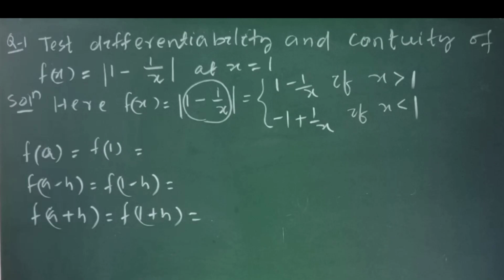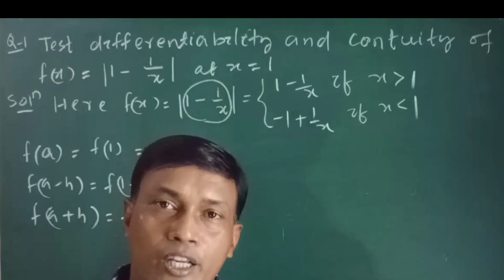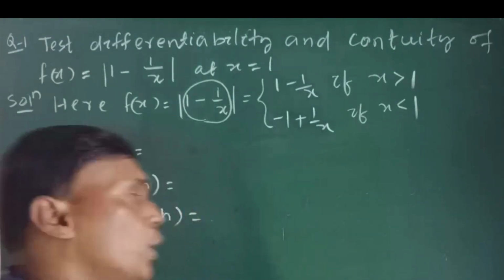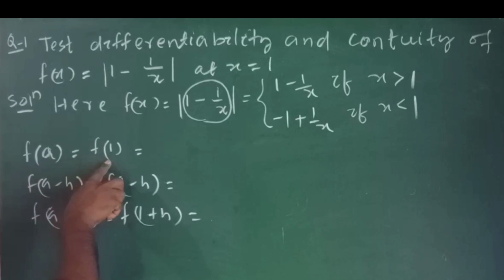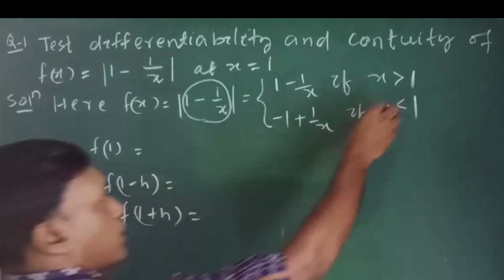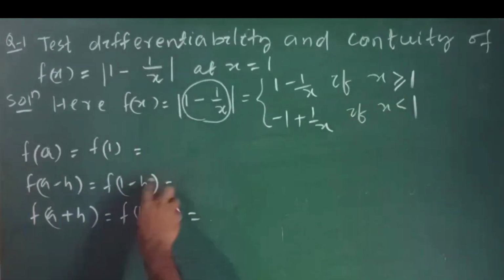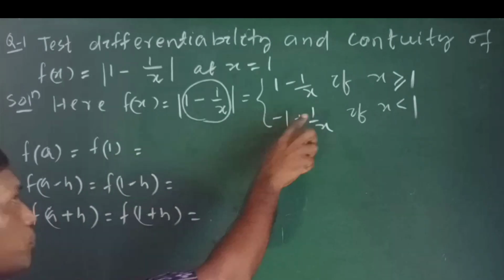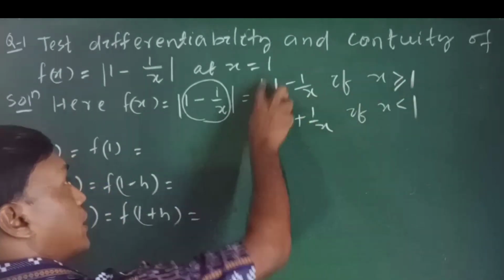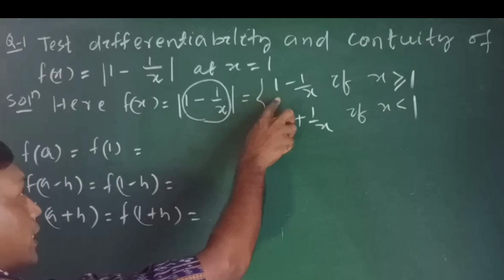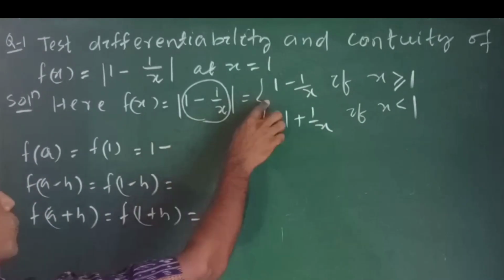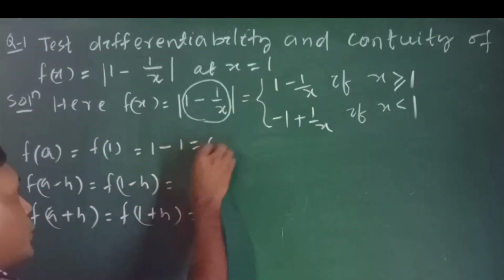So in order to test the differentiability, we need these three things: f of a, f of a minus h, f of a plus h. I have already said these three things are necessary for the test of differentiability. So f of a means f of 1. F of 1, look at here, this is x greater than equal to 1. So f of 1 means x is equal to 1. So put x is equal to 1 here. 1 minus 1 by 1, this is 0.